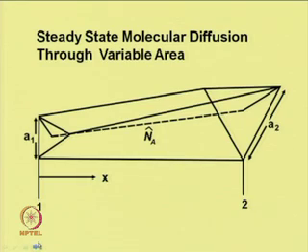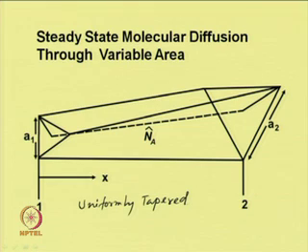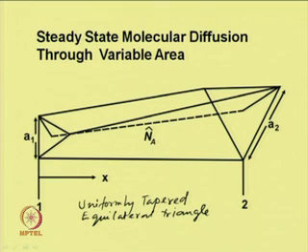So, now consider steady state molecular diffusion of component A through an equilateral triangle, which is uniformly tapered, where the diffusion goes from point 1 to point 2, and Na cap is the diffusion rate of component A. The cross sectional area is varying along the length of the conduit.